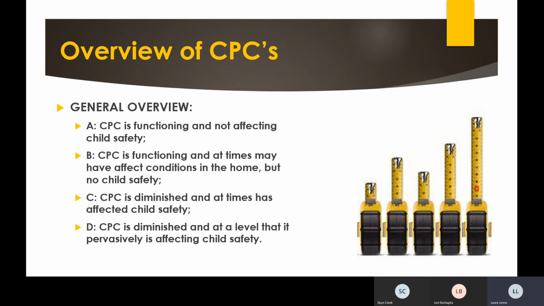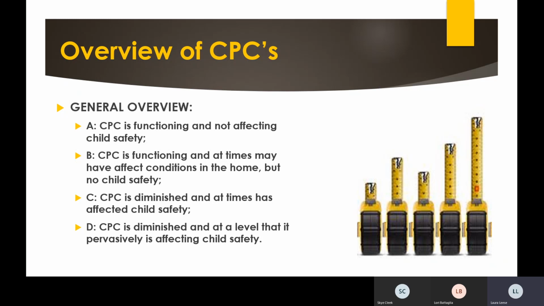If you see a parent that has an A, the overall category is that that protective capacity, that CPC, is functioning and it's not affecting the child's safety. If you see it as a B, that CPC is still functioning. At times it may have affected the conditions in the home, but not the child's safety.